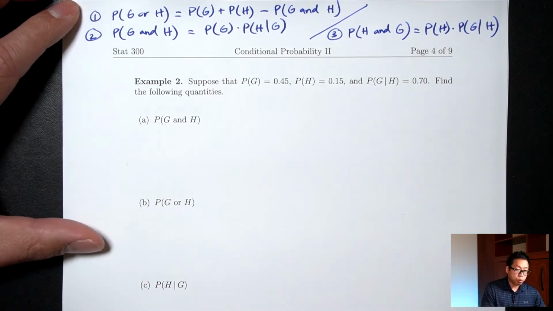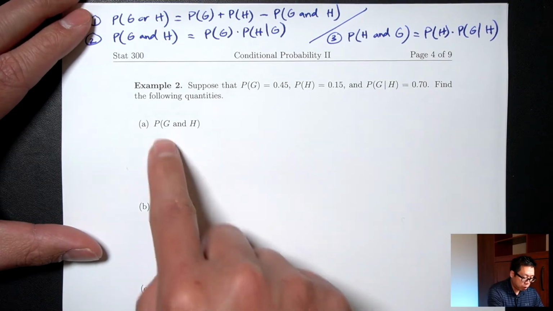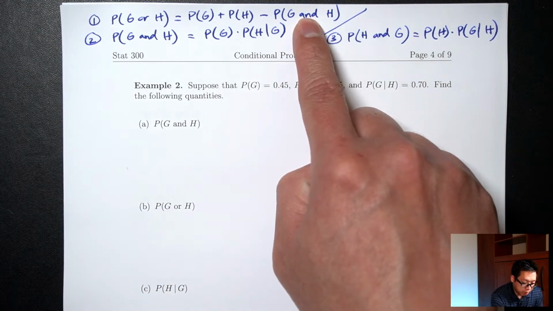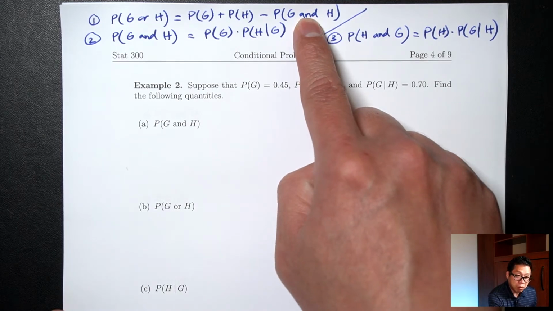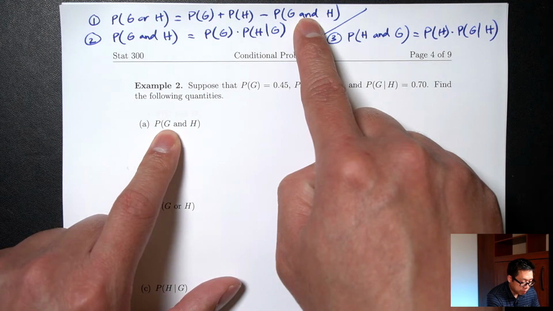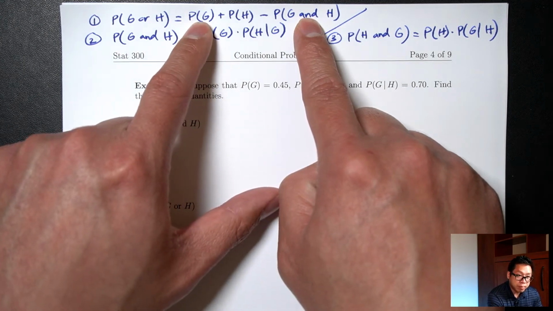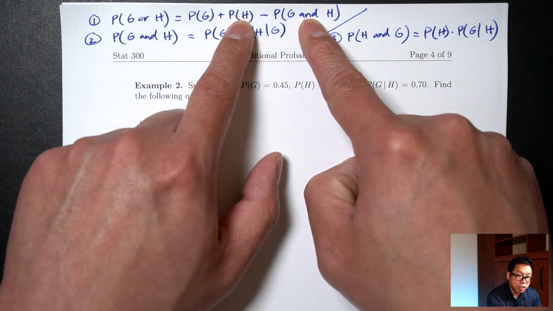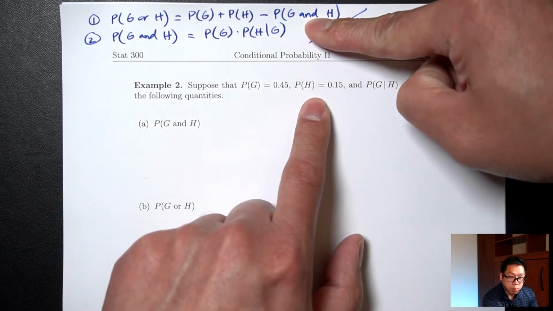Well, can we use the first one? So the first one, probability of G and H, is here. In order to use the first one, we would need to know everything else in the formula. Okay, so G and H, do I know probability of G? Yes, I know it's 0.45. Do I know probability of H? Yes, I know it's 0.15.